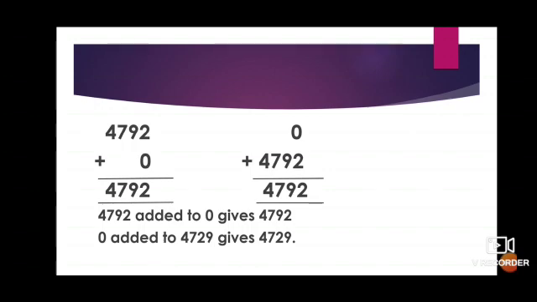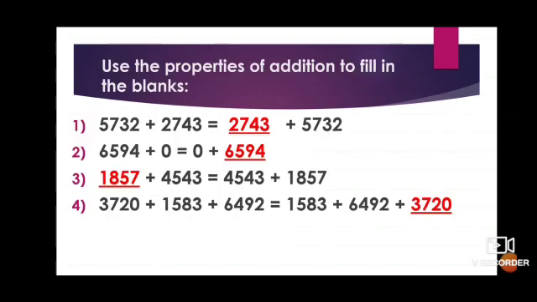Now using this or by understanding the properties, you can easily solve some questions. Now here you have a fill in the blanks question. You can fill it by arranging the numbers. These are all based upon the properties of addition.